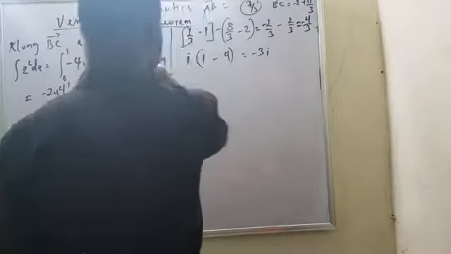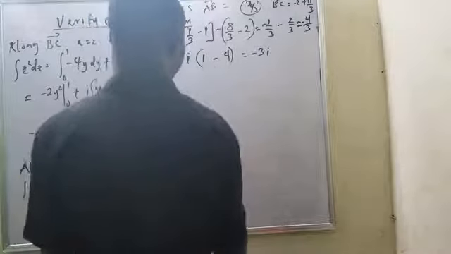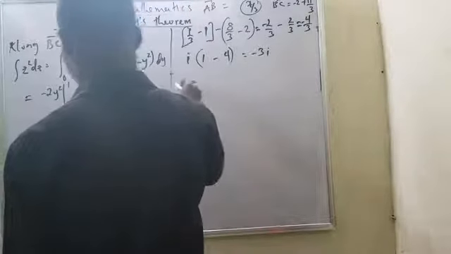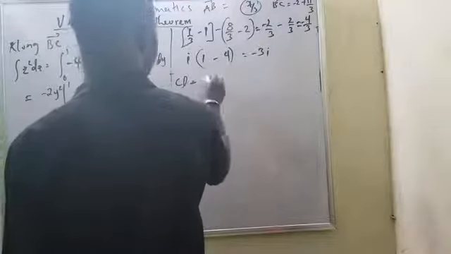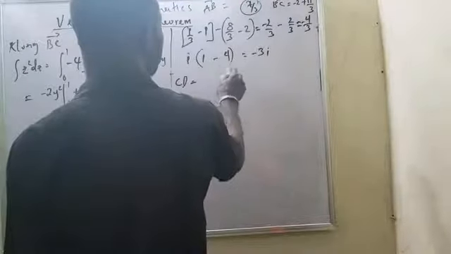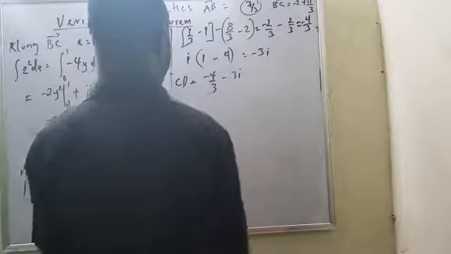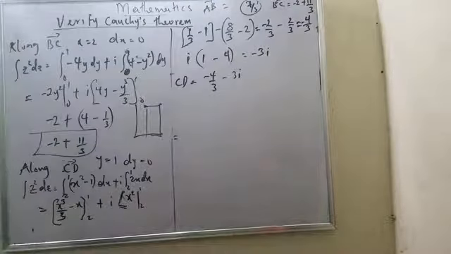It means along CD will be equal to minus 4 all over 3 minus 3i. Now, minus 4 all over 3 minus 3i.